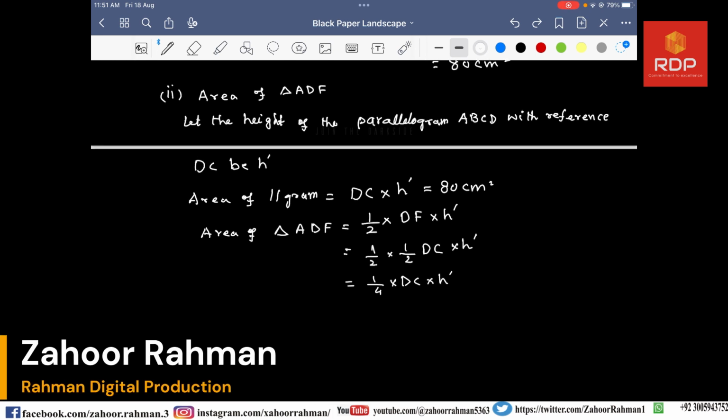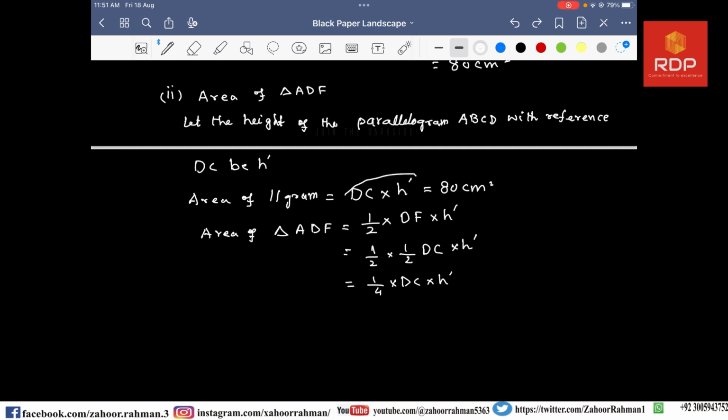We wanted to introduce this by a mean, and we introduced it. So simply 1 over 4 DC into H dash, and DC into H dash is equal to 80 centimeters square. So we will only be left with 20 centimeter square.